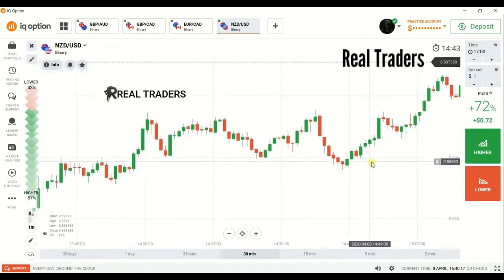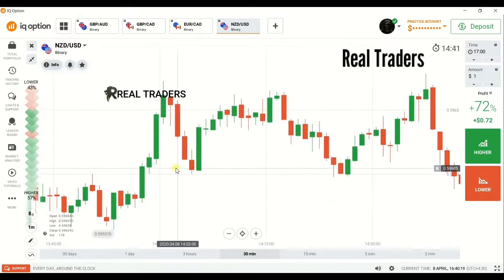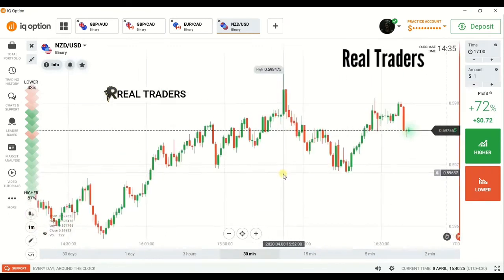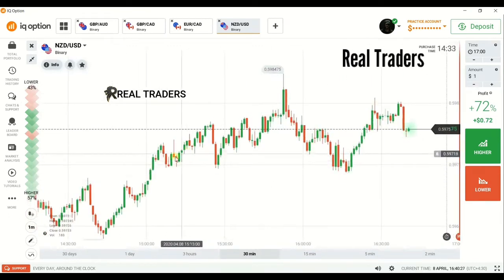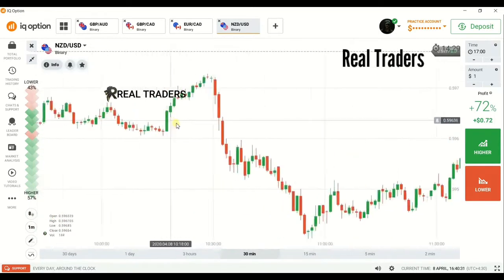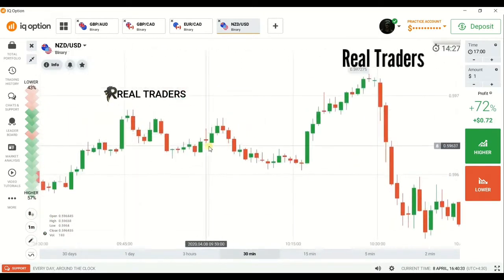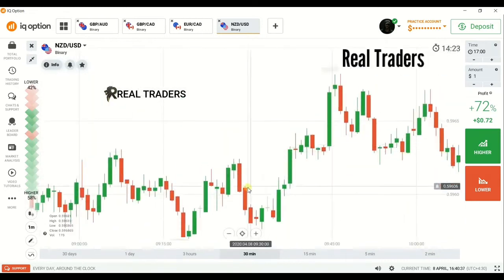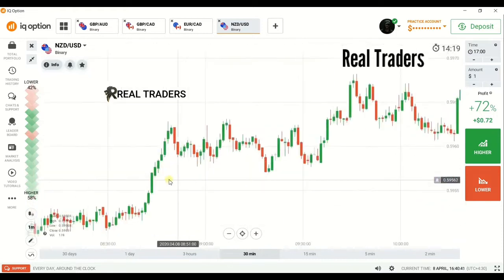So the meaning of the engulfing is here, but sometimes it does not work because these are forex patterns and we can't trust them properly. We cannot rely only on the engulfing patterns, so you cannot only trade with the engulfing. When you see an engulfing, you cannot trade directly.